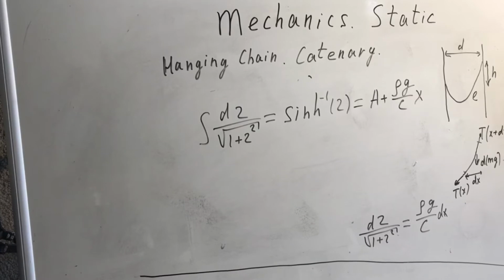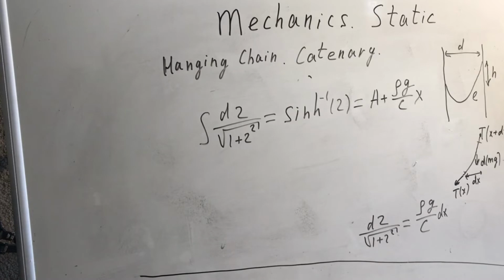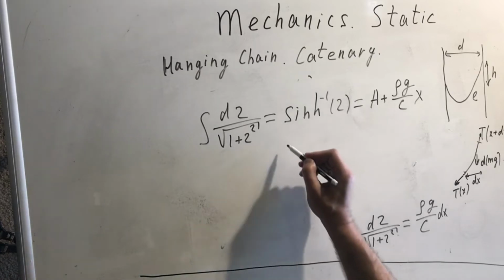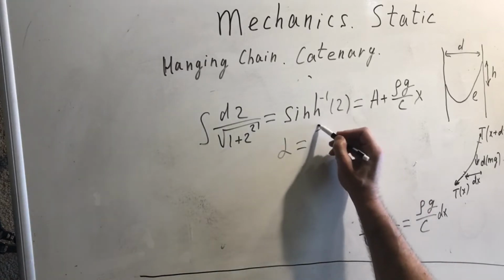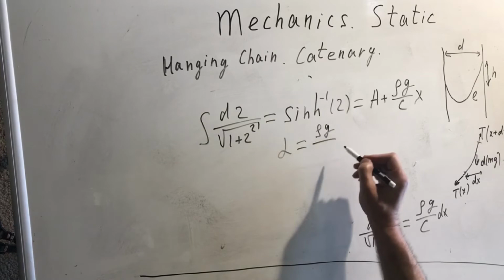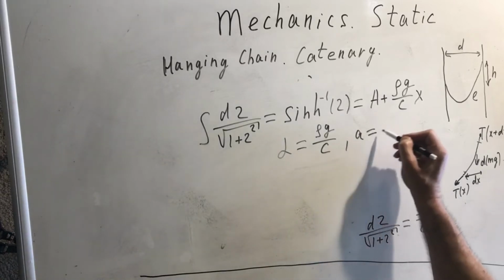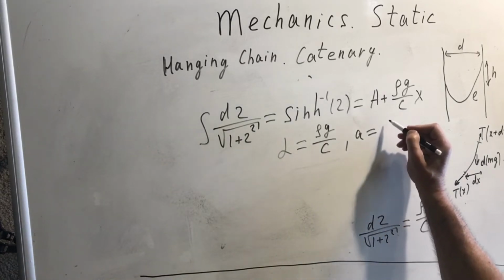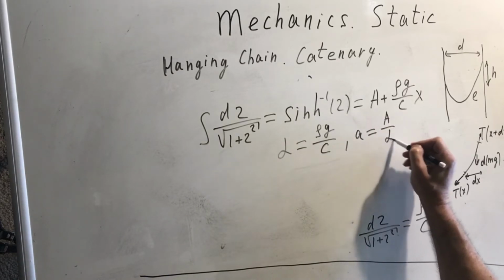We can make this equation look a little clearer if we take alpha equal to rho g over C, and a equal to constant a over alpha.